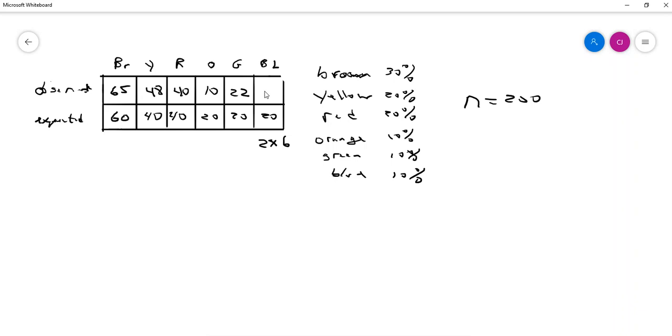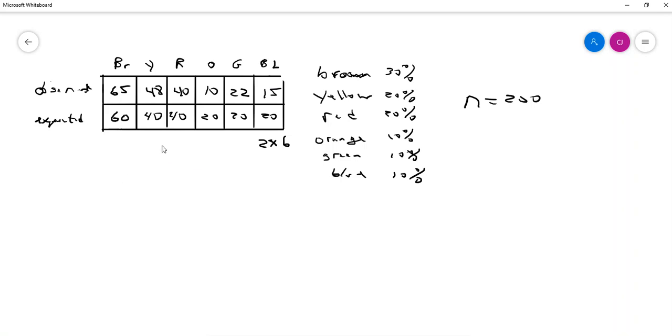So if I take the 65 plus the 48 plus the 40 plus the 10 plus the 22, I get 185. So far, this is 185 total. That means this has to be, right? I don't have any degrees of freedom there. I don't have a freedom to vary on that, so this has to be 15 total.